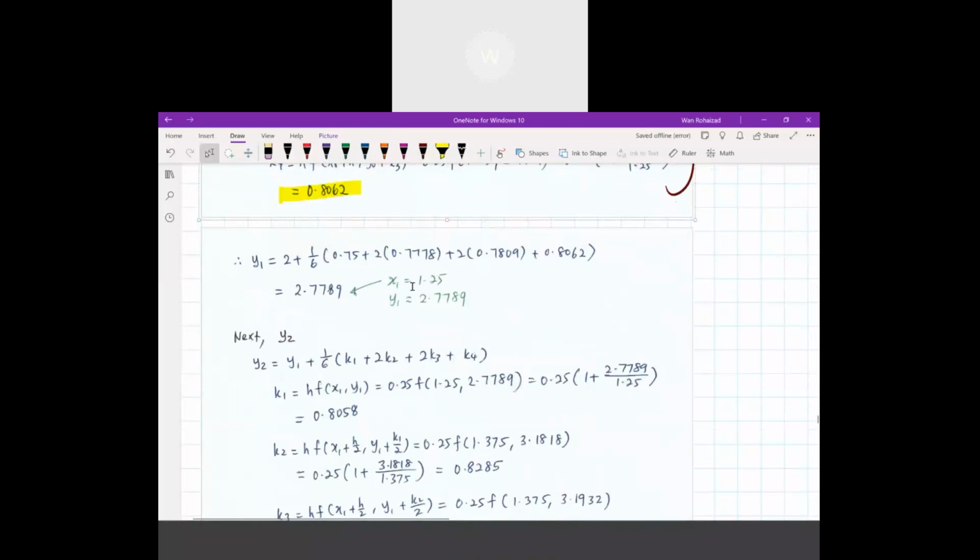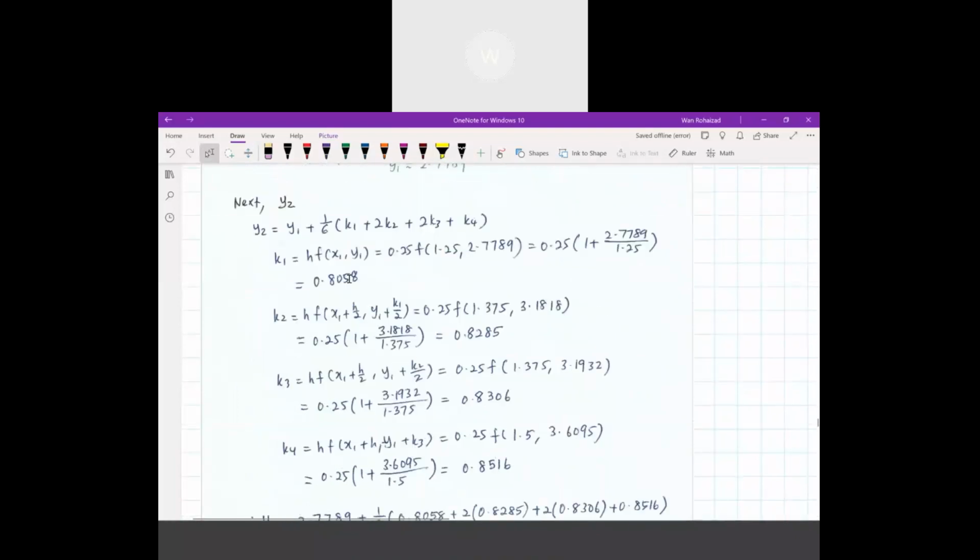So we have a value for y1. So y1, solve this using calculator, 2.7789. So we have an approximation, and when x equal to 1.25, y equal to 2.7789.